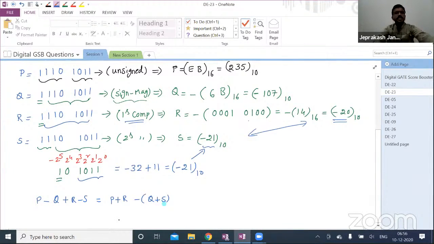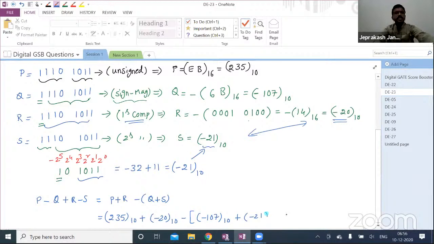So just substitute here 235 base 10 plus R is nothing but minus 20, minus Q is nothing but minus 107, plus S is nothing but minus 21.